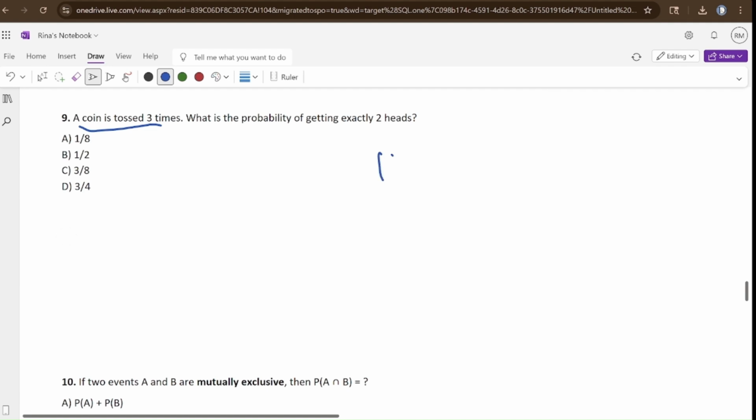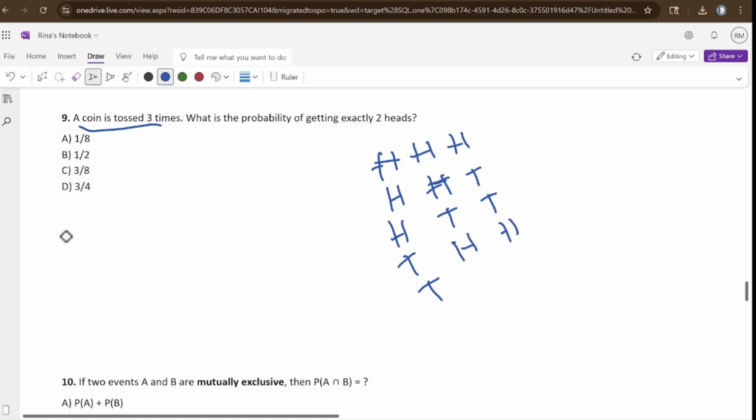So, first attempt it may be all of them are head, right? Second attempt it may be head, but this may be tail. All of them are thrown at the same time. Next, maybe this is head, but this is tail, this is also tail. Next time maybe this is tail, but these are head. Maybe this is tail, this is also tail, this is head.